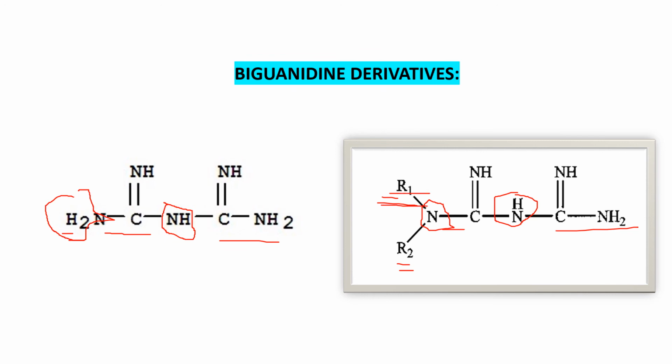These are your alkyl groups which are attached to one of the nitrogens, that is known as biguanide derivatives. In that we are going to study two drugs.